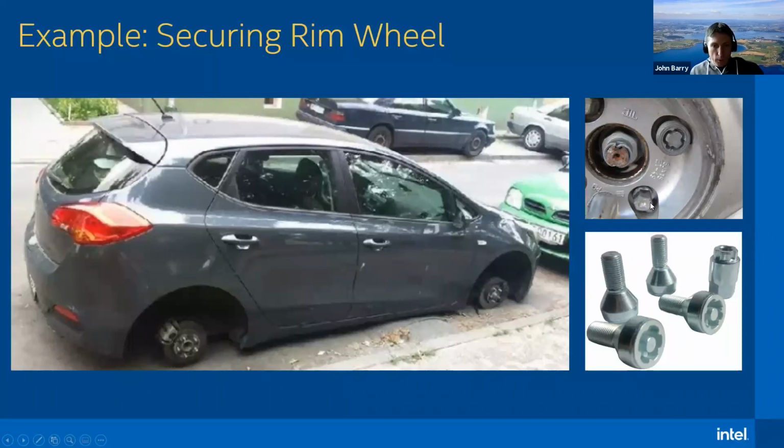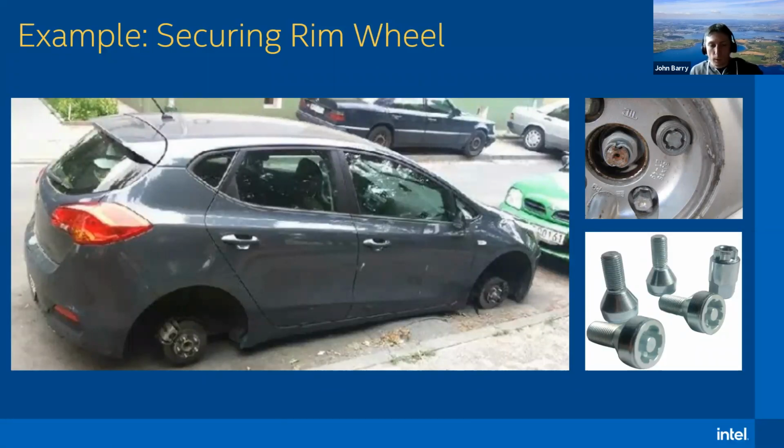What actually happened in certain cases was that, in an effort to take off the wheel, somebody would take off 3 of the 4 studs and just end up leaving the lock stud. And then you'd come out, sit into the car and drive off, none the wiser.